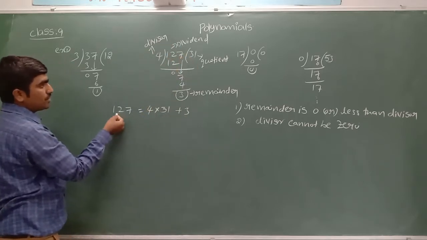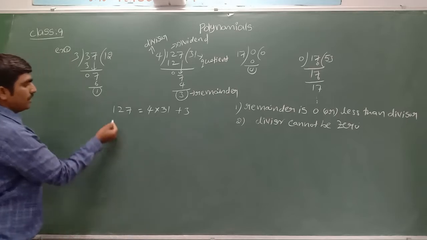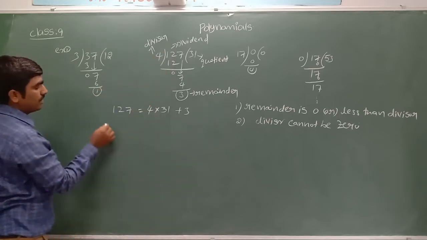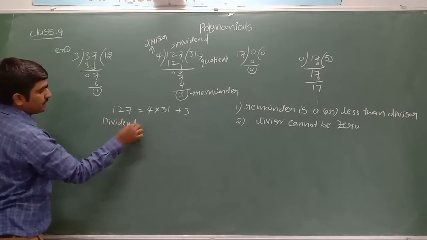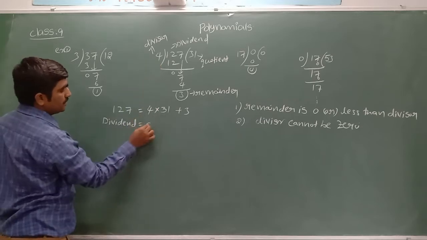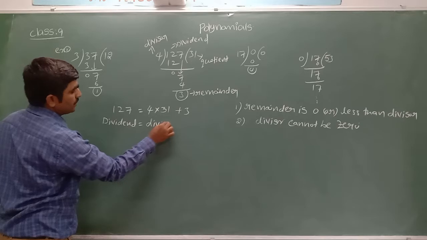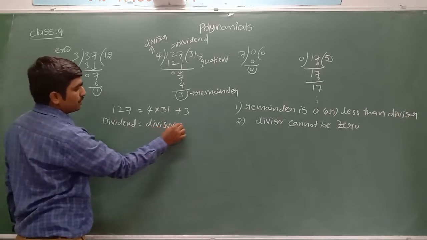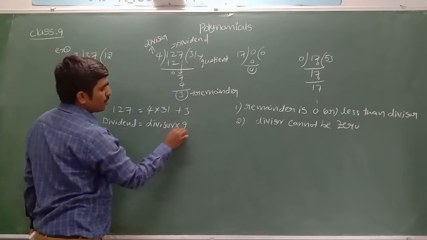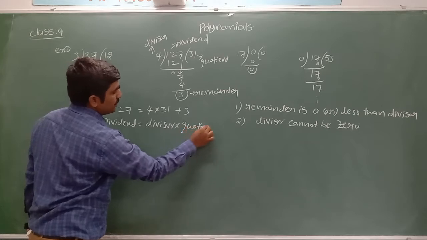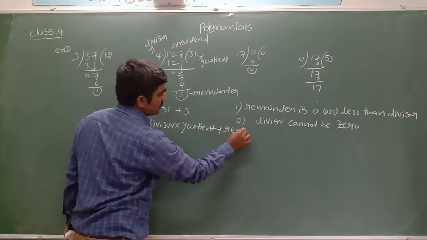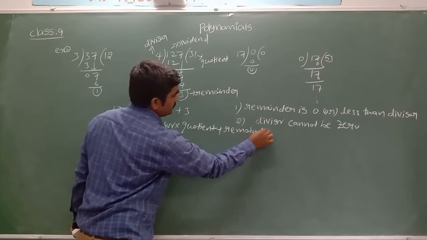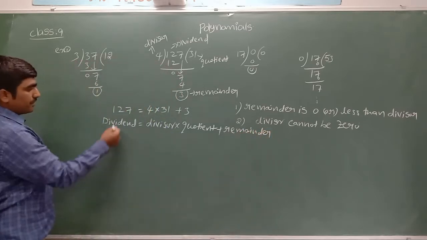This whole result is equal to how much? 127. 127 is in the dividend place, is equal to 4 in the divisor place, into 31 in the quotient place, plus 3, which is the remainder. Now let's verify once.